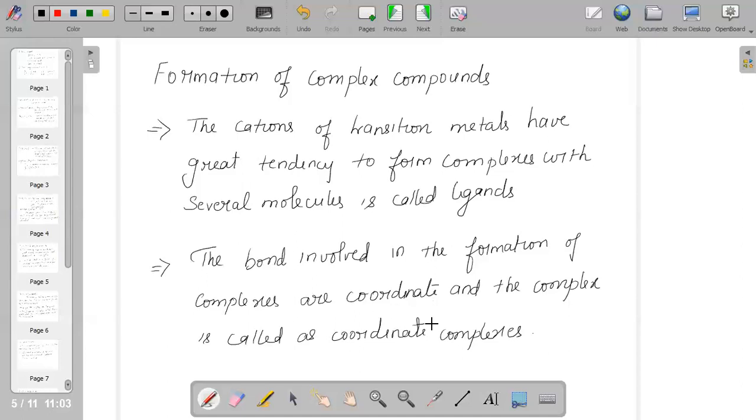And the structure of these complex ions can be linear, square planar, tetrahedral, octahedral. These all totally depend upon the nature of hybridization of those particular ions.